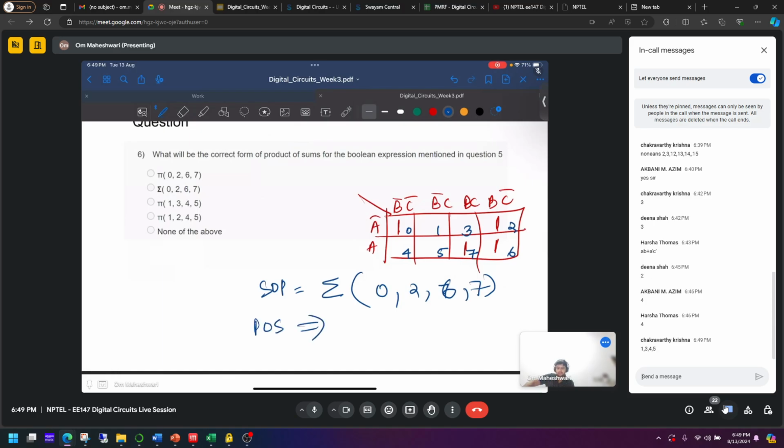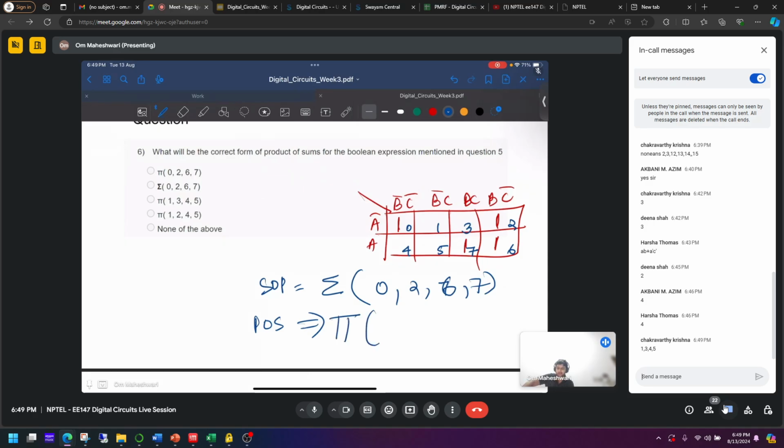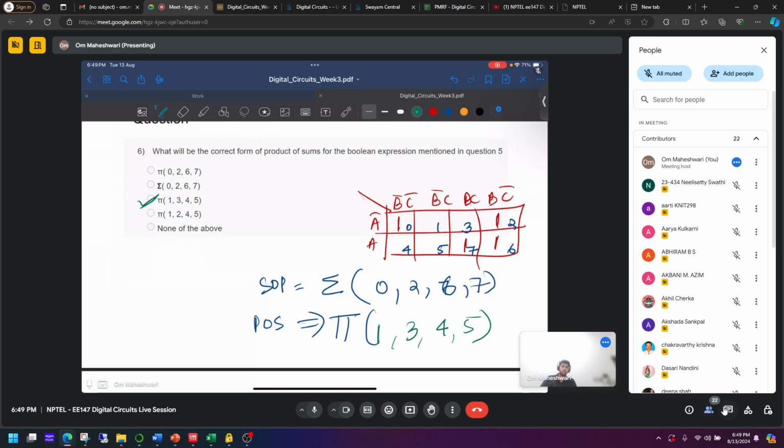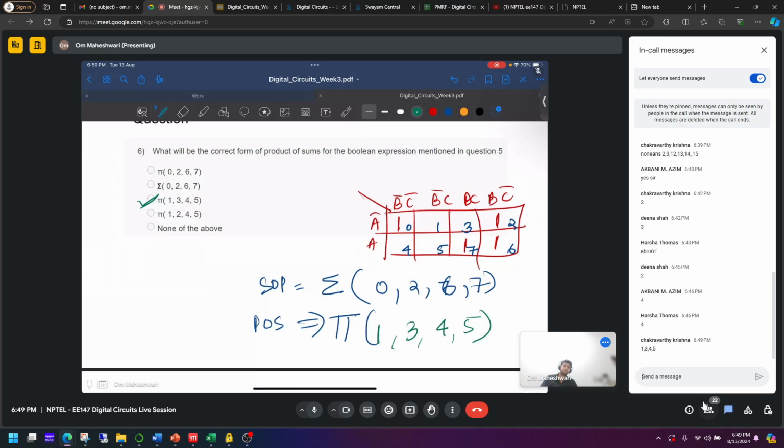So wherever there is not one, that is your POS. Like this one, this one, this one, and this one. Rest all have ones. So in POS you will have 1, 3, 4, and 5. So your answer will be C. Is it clear to everyone? All right.